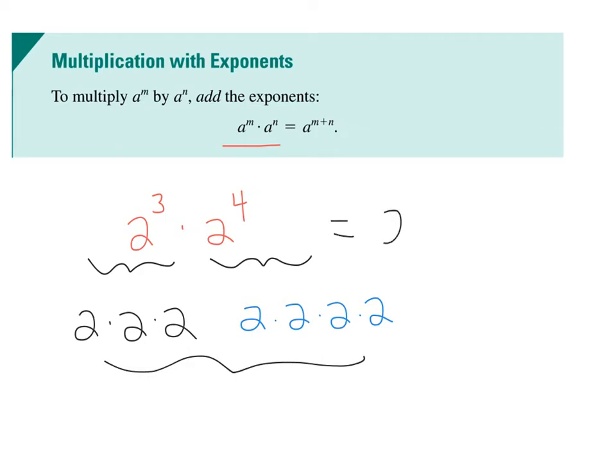So that's the same as 2 to the 7th power. So that's why the rule has always been, if the bases are the same and it's multiplication, add your exponents. Because those exponents are telling us how many there are. So if there's 3 of them, and then there's 4 of them, and I'm still just multiplying, then altogether there are 7 of them.